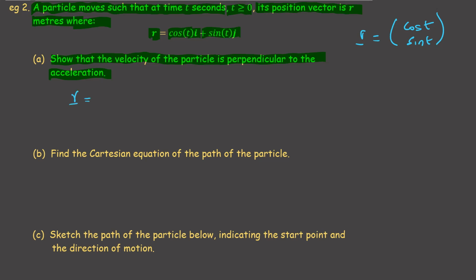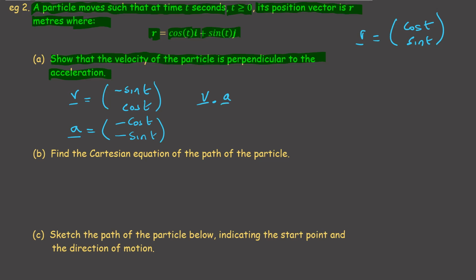So the velocity, let's make that look a bit more like a v, is going to be (negative sine t, cos t). The acceleration then will be (negative cos t, negative sine t).